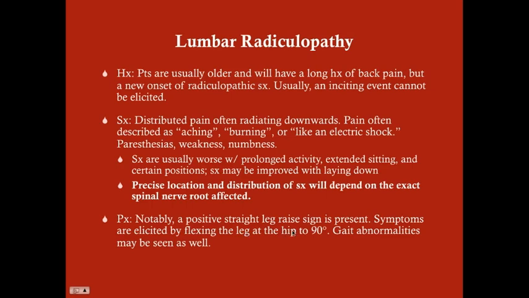So what you do is, on physical exam, you flex the leg at the hip to 90 degrees, and the patient will note their symptoms. That aching or burning thing, whatever's going on, whatever pain they're describing, you'll elicit that when you do this test. You can also, on physical exam, see gait abnormalities, and we'll discover why in a little bit.